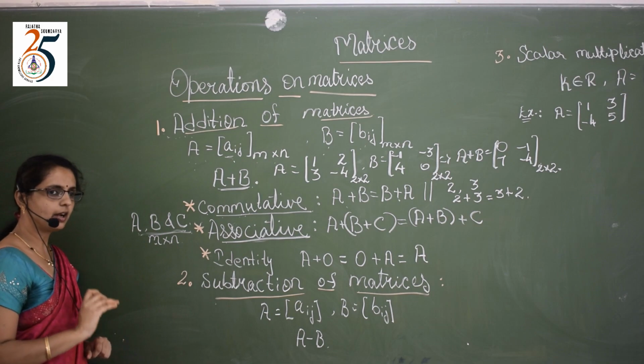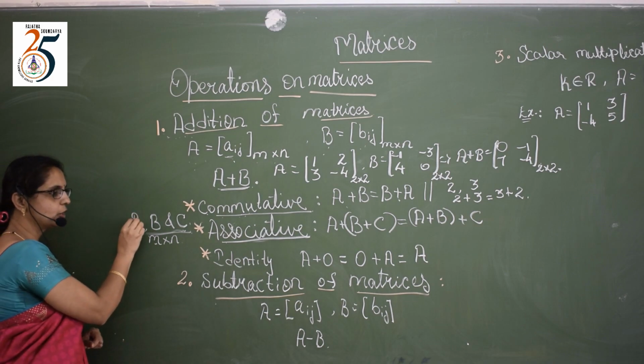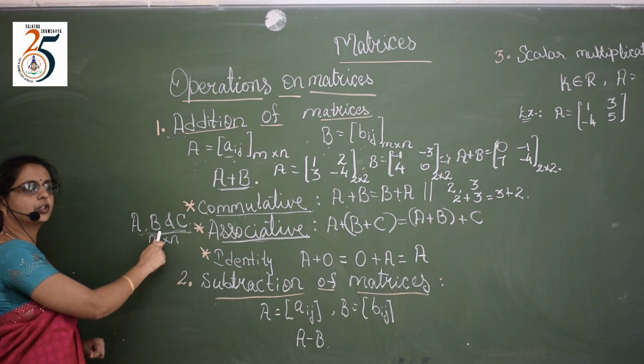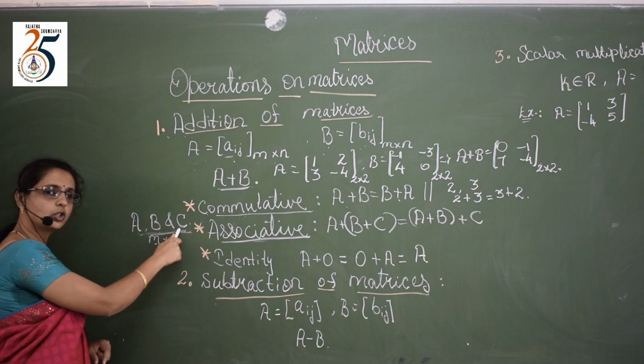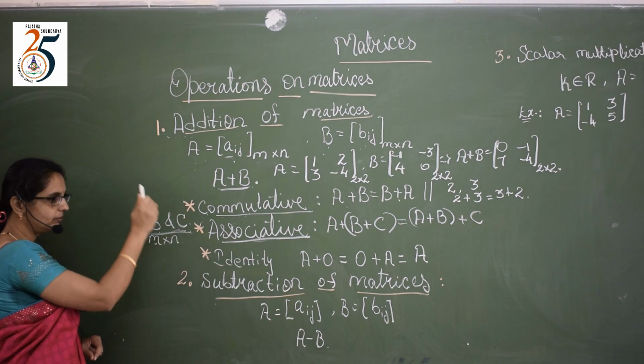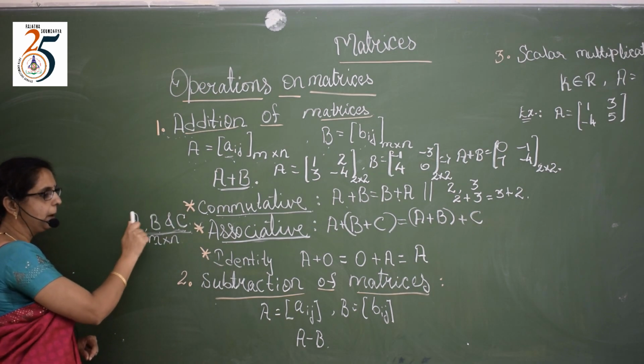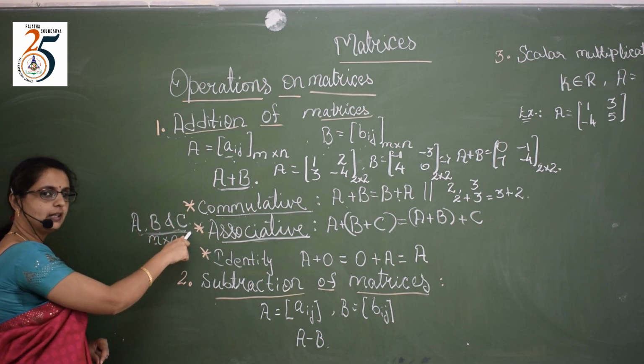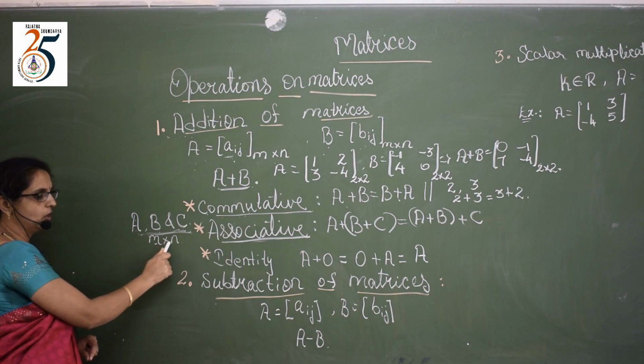Equal order means if I consider the matrix A as 2 cross 2, matrix B also must be 2 cross 2, and it is understood matrix C is also 2 cross 2. So let A, B and C be three given matrices of equal order m cross n.